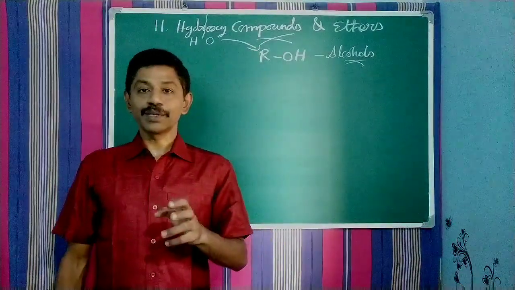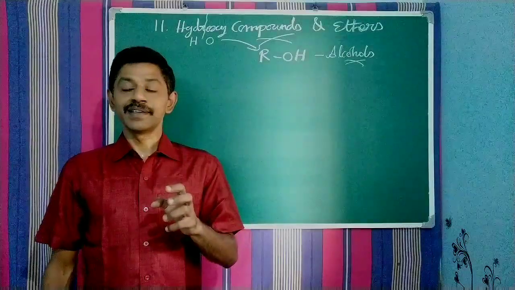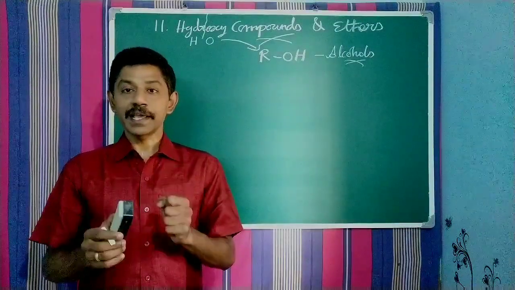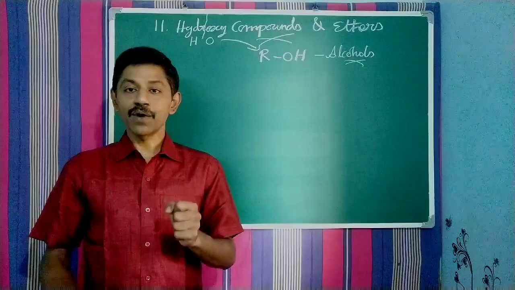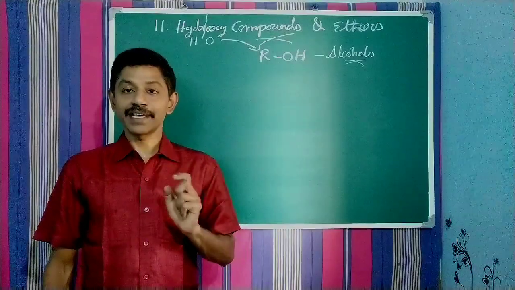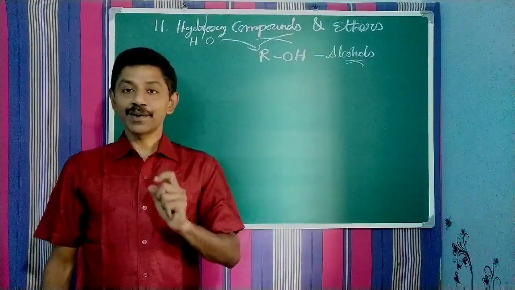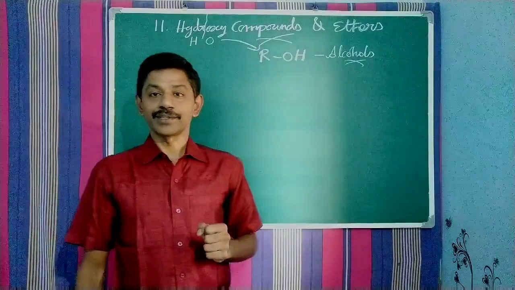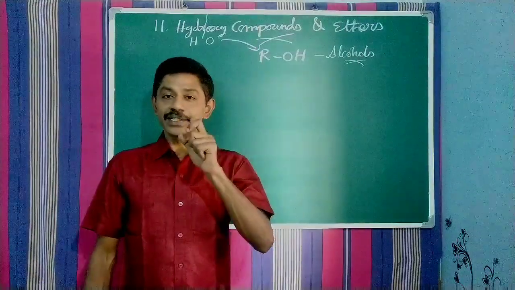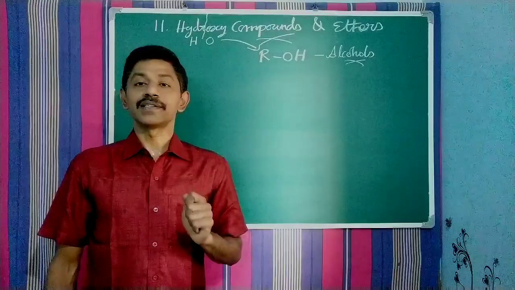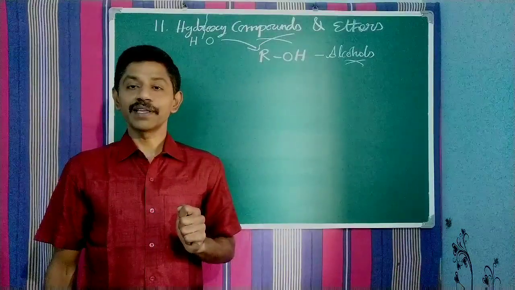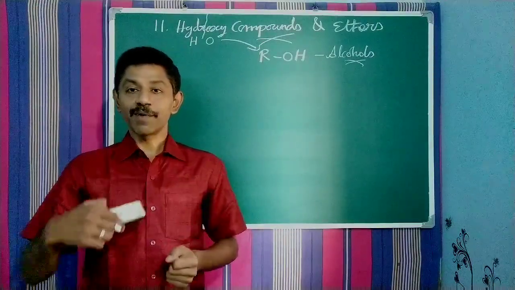When we talk about the main substance in vitamin A, that is retinol, you can have a guess. Vitamin A, we talk about eyesight. Good. So retinol is present in our body, or we take in the form of food items.